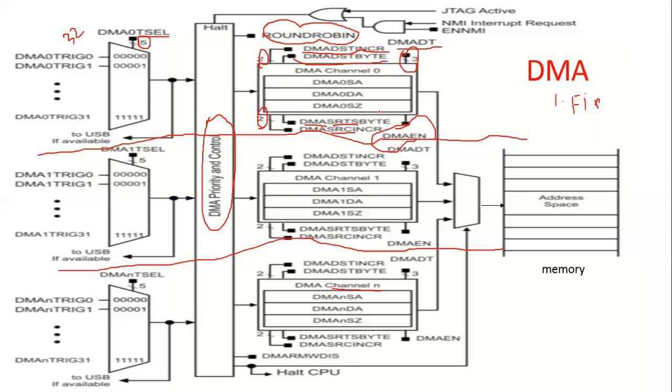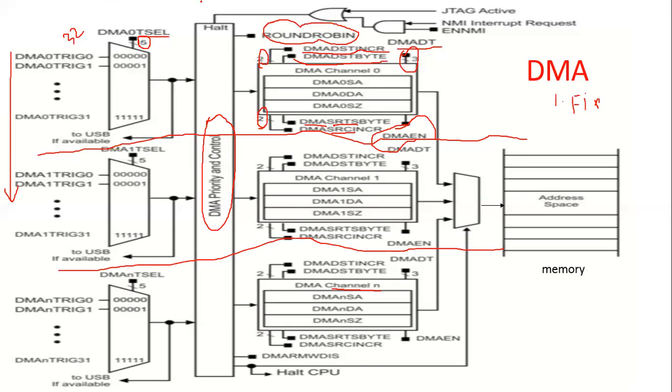Fixed priority means channel 0 is always the highest priority. The next lower priority is channel 1. The next lowest priority is channel 3. Like that, the priorities are decremented from top to bottom. That is fixed priority.